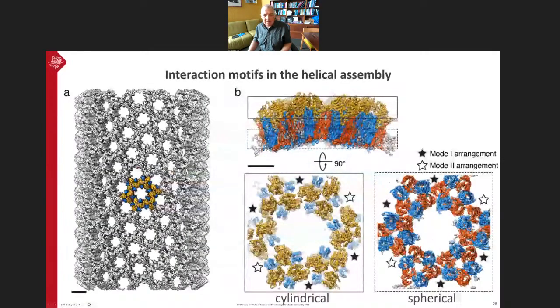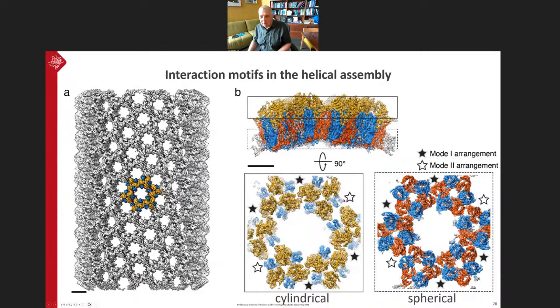Now this is the schematic of the different interfaces, essentially when you go from a cylindrical to a spherical assembly. Okay, so maybe I have to back up here, because we didn't get the spherical assembly. We got the cylindrical assembly and all the previous ones. But it turns out that there were two motifs of interactions, indicated by a black star and a white star.